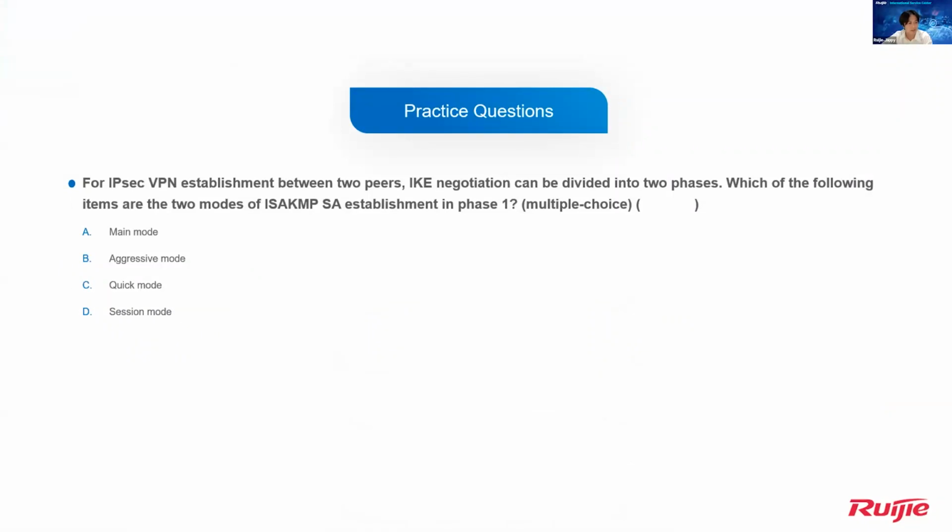And for the quiz question, for the IPsec VPN establishment between two peers, we have an IKE negotiation key, and we divide it into two parts. So we have two phases, all right. But for the first one, what is the phase one mode?